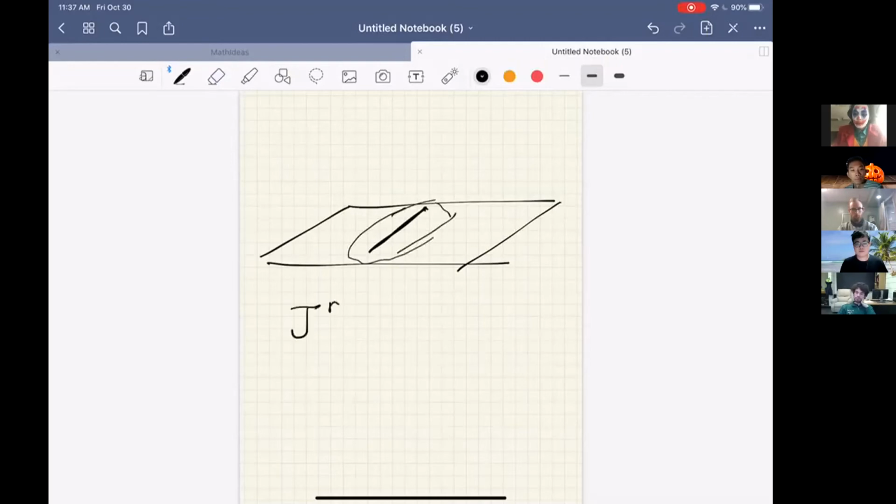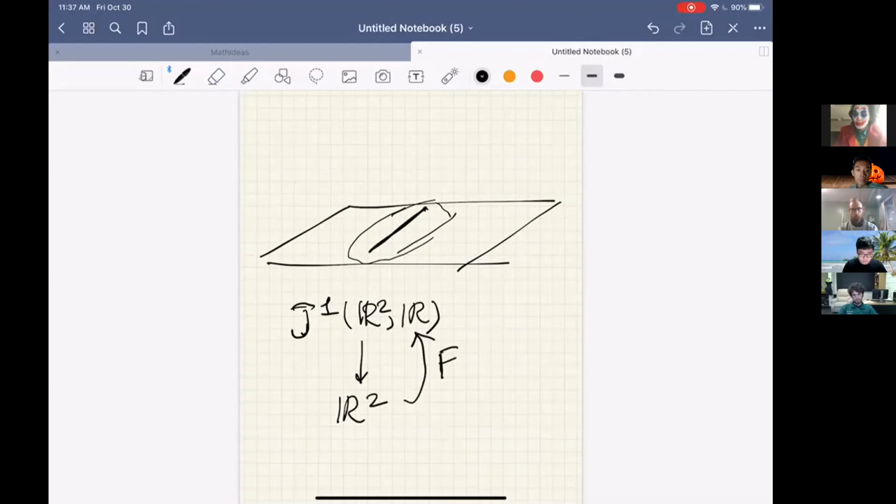Let's look at J1 of R2 to R. I have a formal section, defined as f of x, y is, here's the domain point, here's the target point, x, and then the derivatives are just flat. So what does this look like? This looks like a line, and it has flat derivatives. So you have all these planes here.